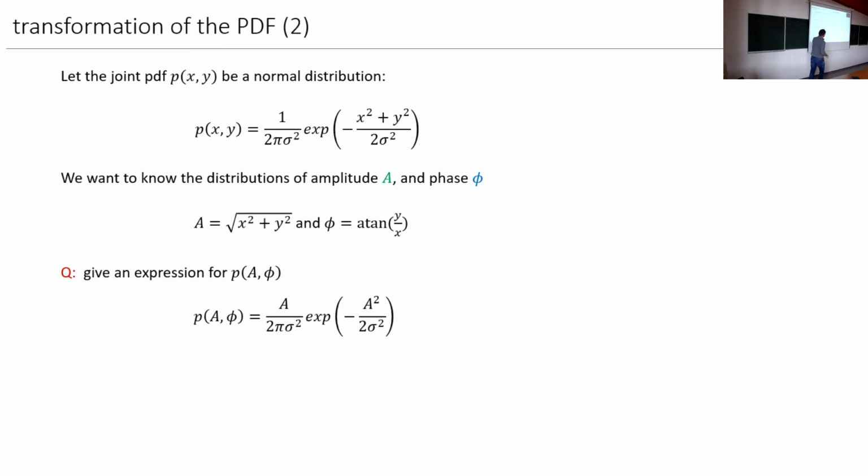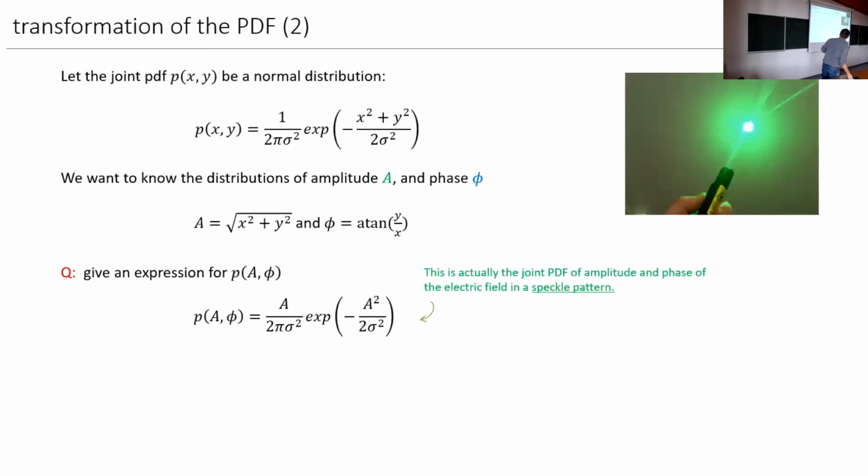What's a little bit tricky is that this is a joint distribution. We convert a joint distribution into a joint distribution, even though phase is not an argument. This is still the joint distribution.